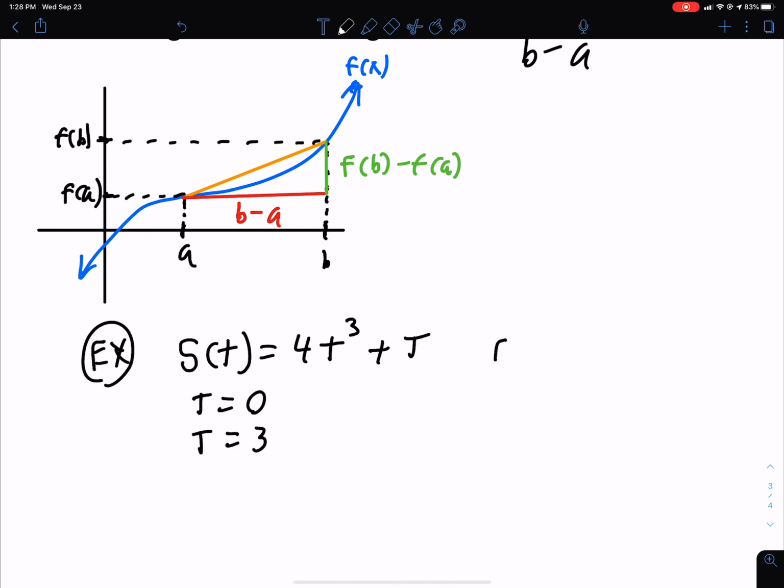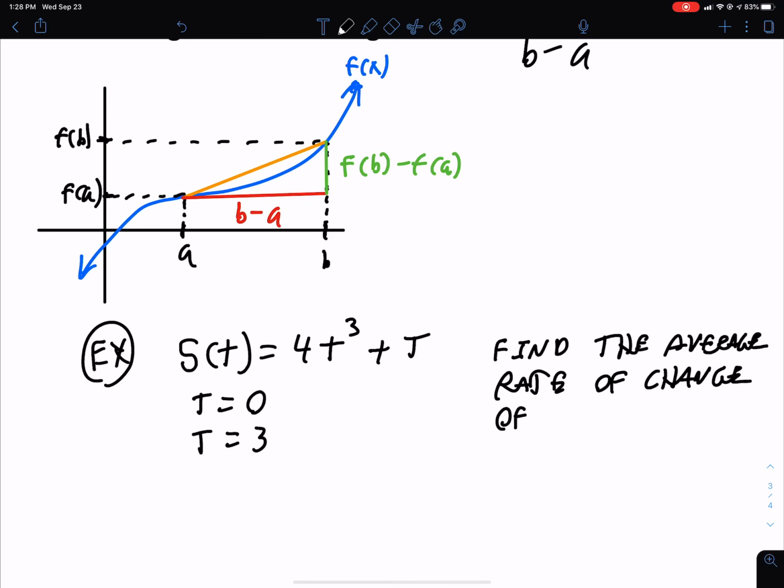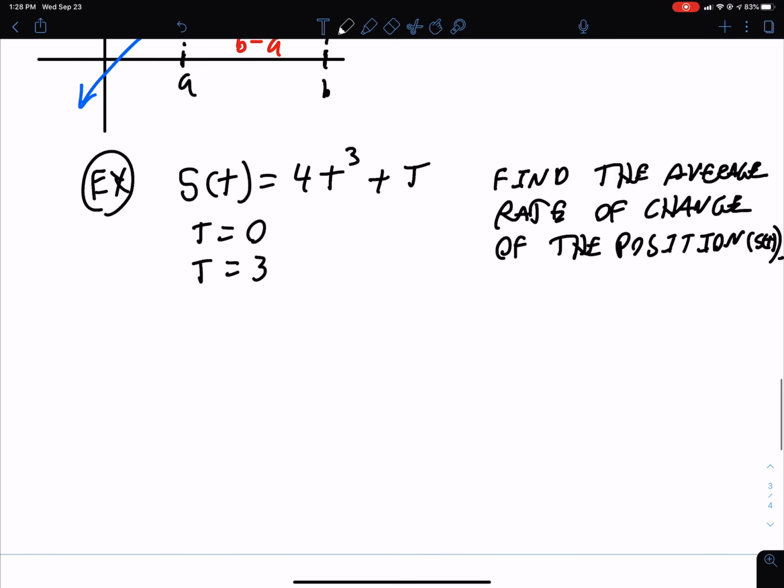The question is, find the average rate of change of my position, or the position, which is s of t, by the way. Also known as average velocity. So the average rate of change, in this case, is my average velocity.